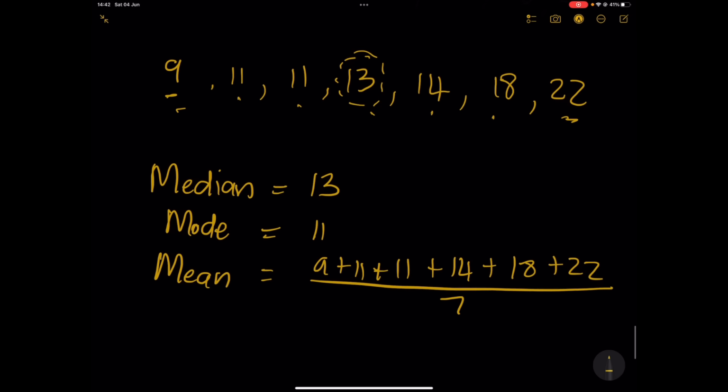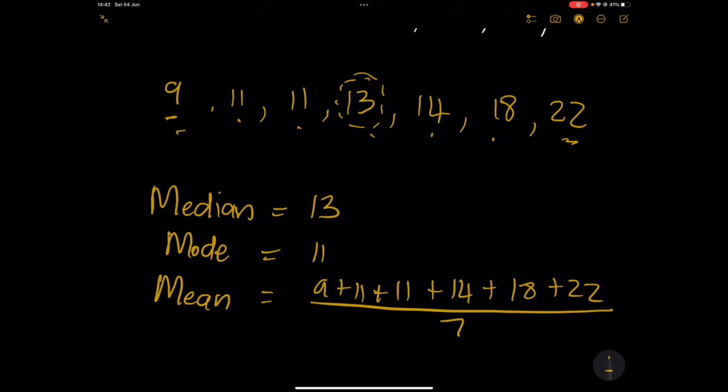Then we have to identify what quartile 1 is. Given that we've got our median, which is quartile 2, which divides our data into 50%, our quartile 1 is the value right in the middle of our lower half, and that's going to be 11.